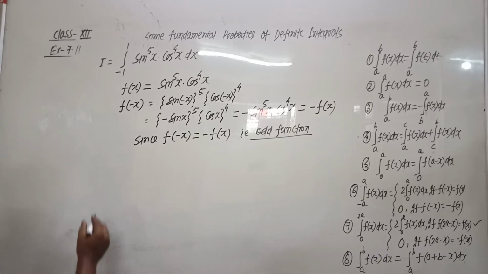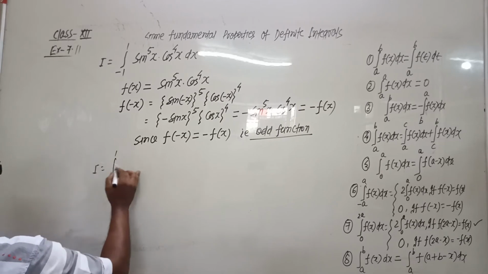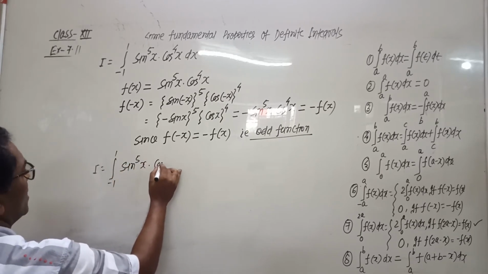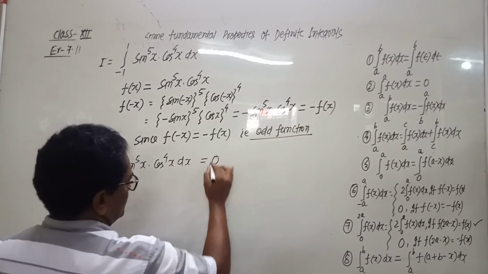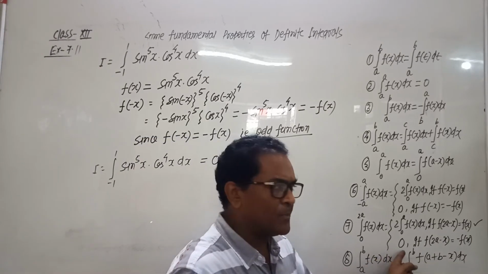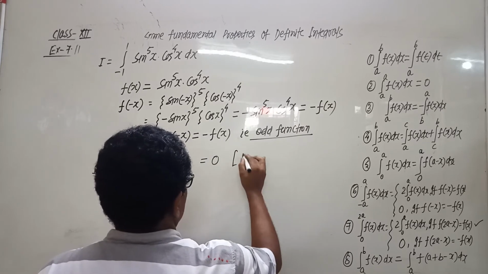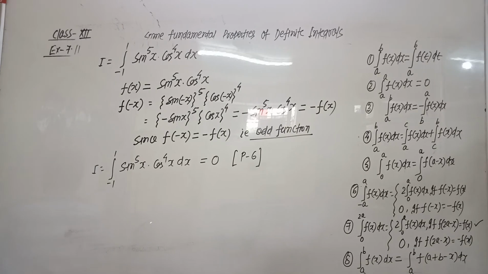So minus 1 to 1 sin raised to the power 5x into cos raised to the power 4x dx becomes 0. Directly we use 0 by property number 6. We are using property number 6 in this question. Now another example.